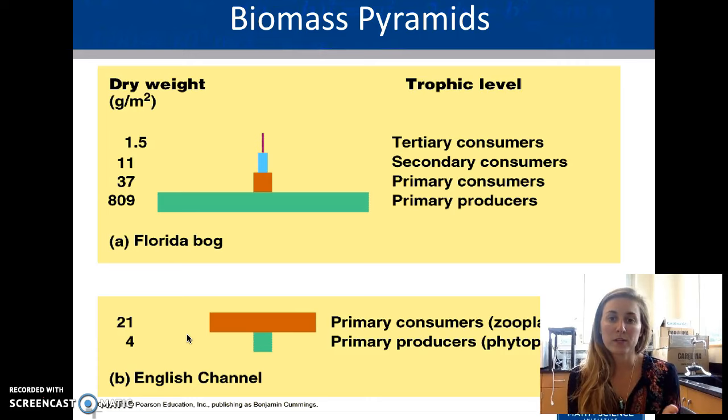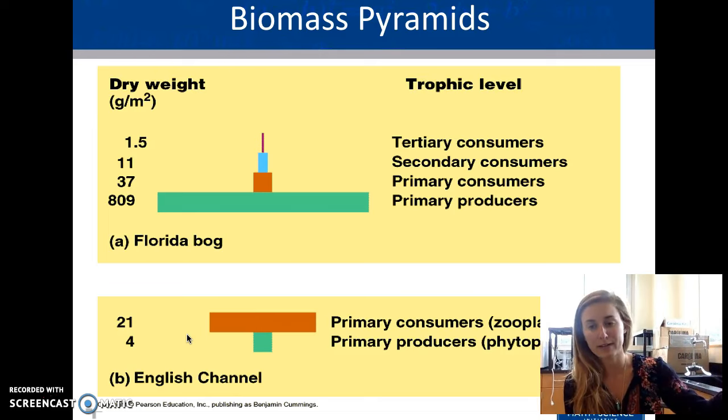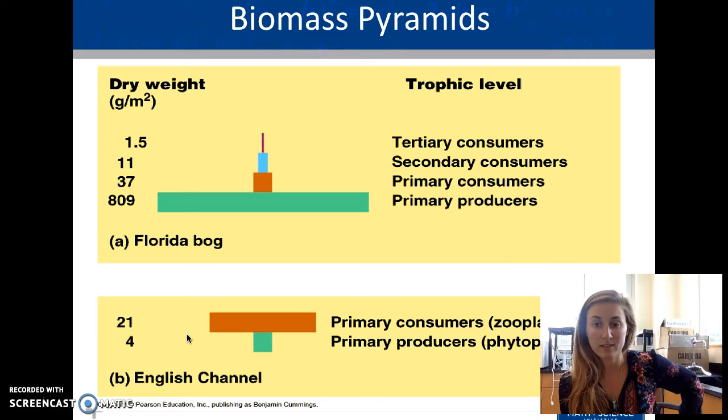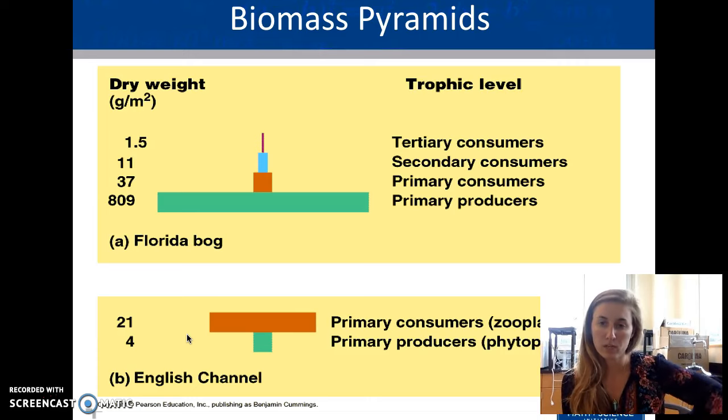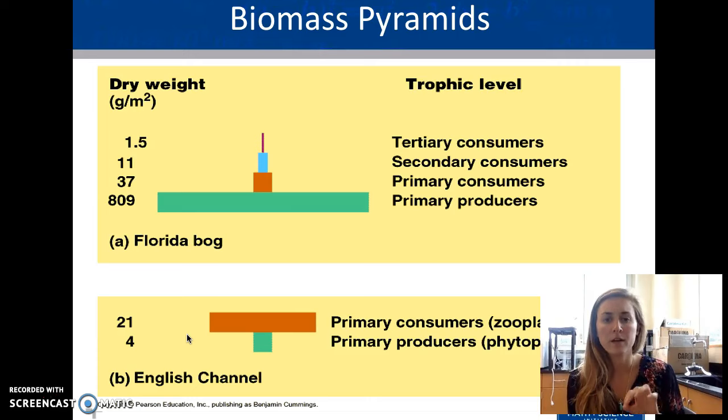These biomass pyramids essentially show us the amount of energy in that space. Green shows that primary producers have a huge amount of energy, and they produce a ton, that net primary productivity. Even when they're using a little bit for themselves, they're still producing a ton.